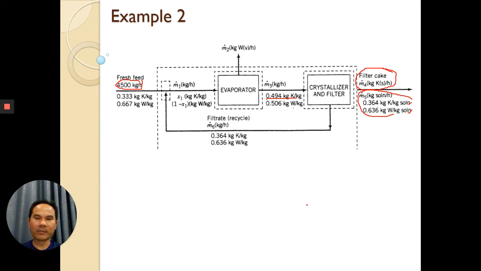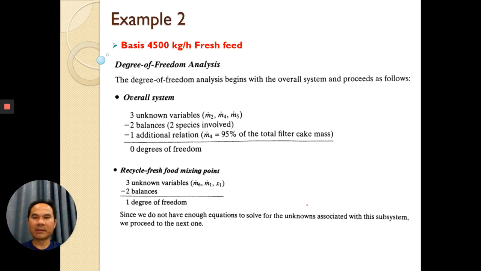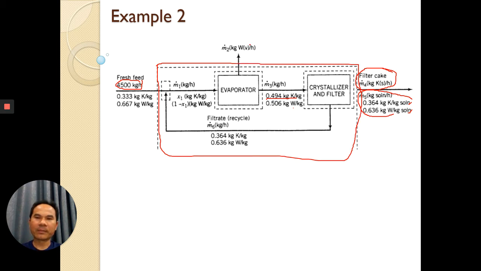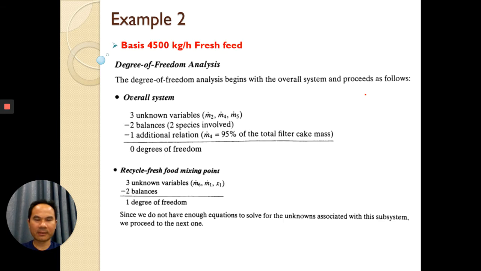Okay, the next step we have to do the degree of freedom analysis. We set the basis. For the overall balance, we have M2, M4, M5 unknown. We have 3 unknowns, and we have 2 balances, water and potassium chromate.